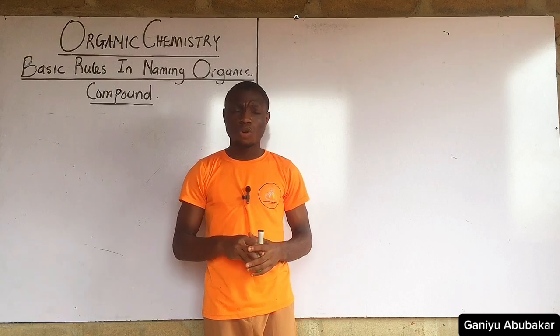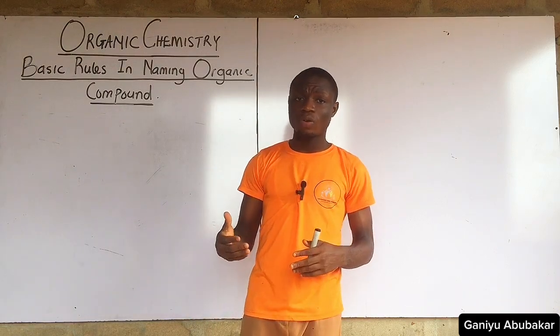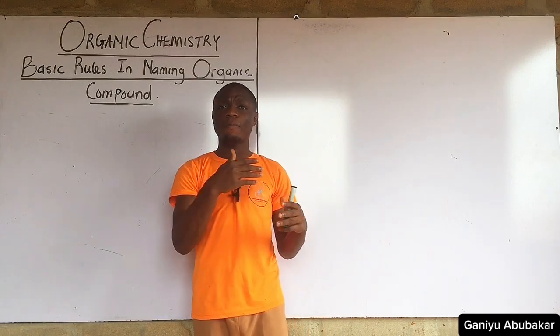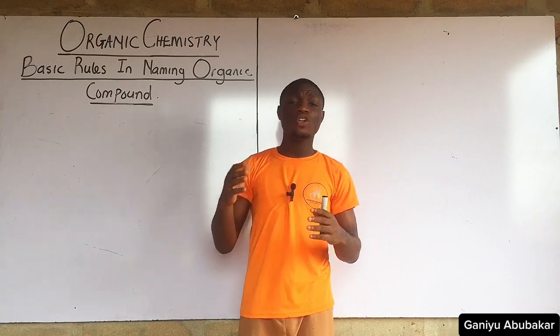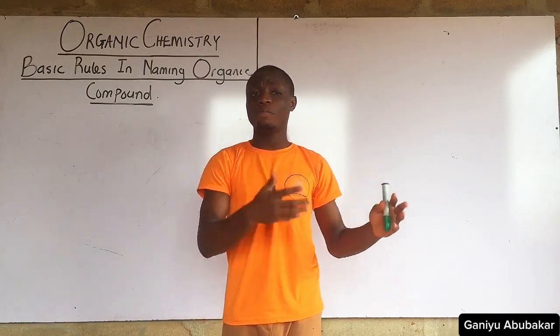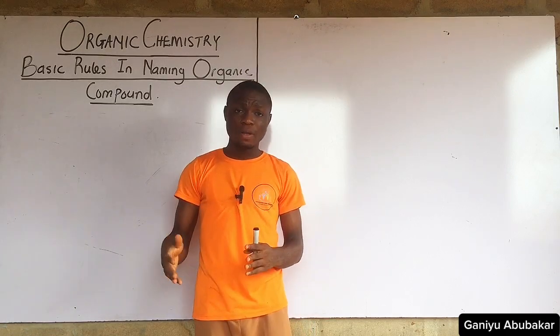For this class, we'll be looking into the third class under organic chemistry. In our last class, we looked into the basic rules in naming organic compounds, which are six in number. Last class we discussed the first three basic rules.